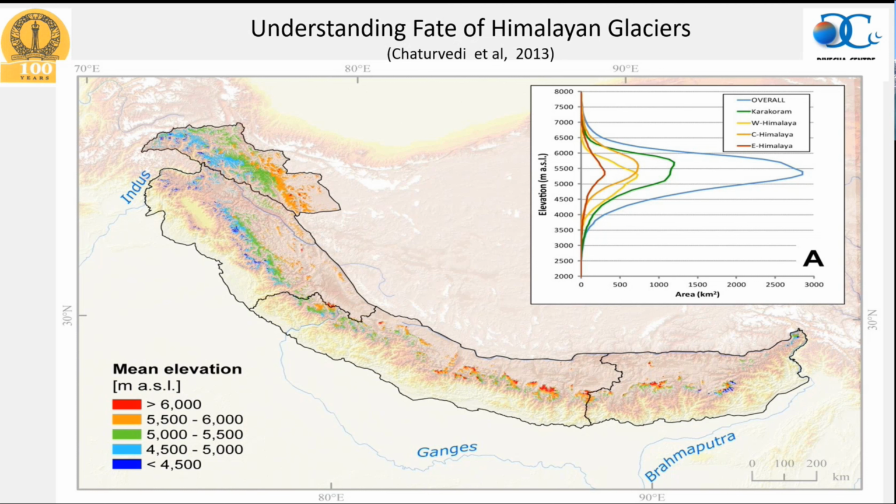In Eastern Himalaya, you can see this is the peak of area under the glacier. That means this is giving the area altitude distribution of glacier. And wherever my cursor is, this is in Eastern Himalaya. And this is in Central Himalaya, this is in Western Himalaya. But you can see the peak is slightly higher in the Karakoram region.